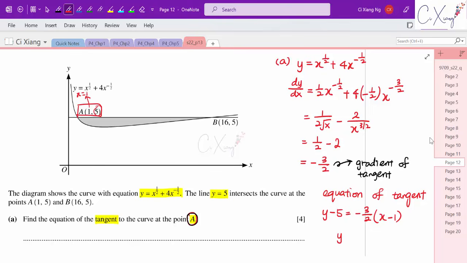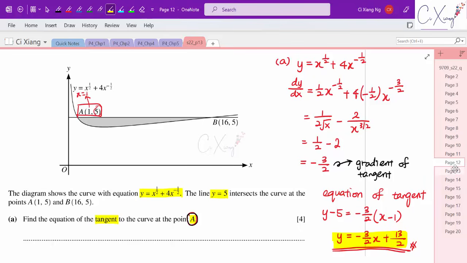If I further simplify, my final answer for the equation of the tangent will be y equals negative 3 over 2 x plus 13 over 2. So we need to apply differentiation first to get the gradient of the tangent, and after that form the straight line equation.